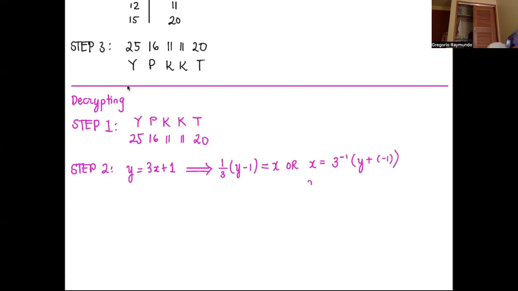Ano yung nakuha nating 3 inverse kanina? 9. Inverse ng 3, no? 3 times 9 is 27. 27 divided by 26 is 1.